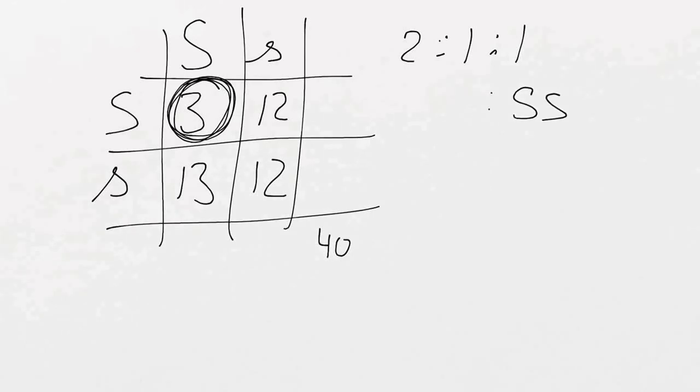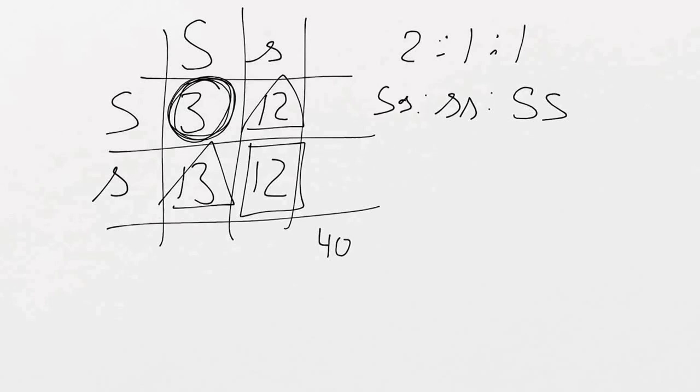We have 1 homozygote recessive, that's the SS, and we have 2 of the heterozygotes. Okay, does that make sense?